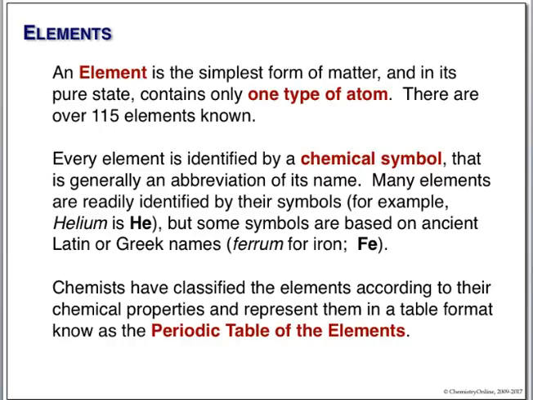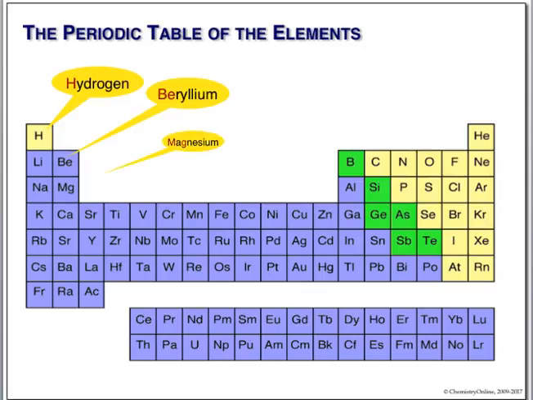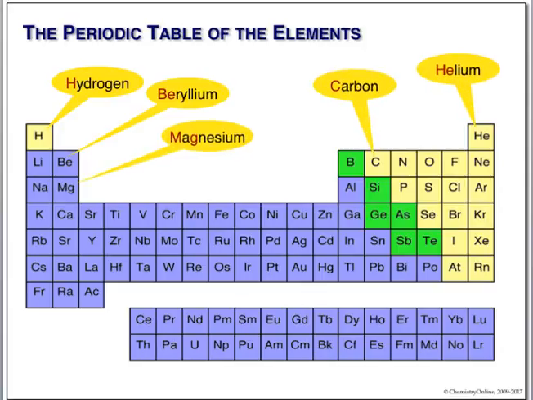We also pointed out that we're going to organize these in something called the periodic table. Now, the periodic table we looked at was something like this. And again, these kind of make sense. H for hydrogen, Be beryllium, Mg magnesium, C for carbon, He for helium. Ne is neon, argon, krypton, fluorine, chlorine, bromine, iodine. O for oxygen. But there are some ringers in here.